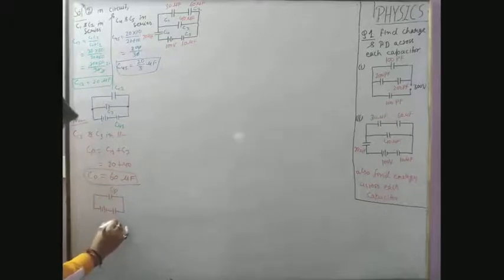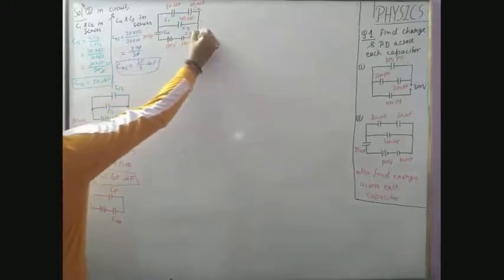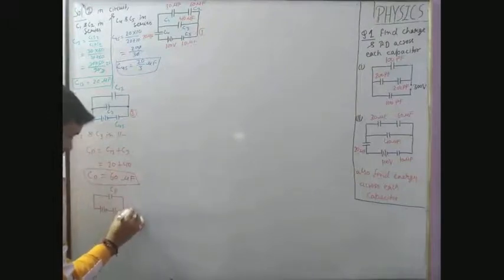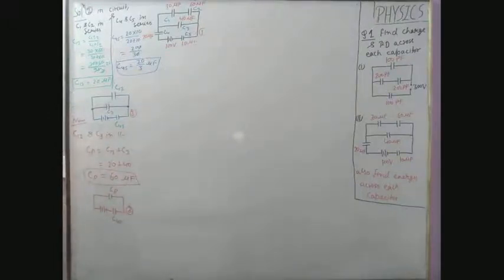CP and C45. Now you can easily here this is first situation, this is second situation, and now this is third situation. Here you will easily calculate that CP and C45 in series.